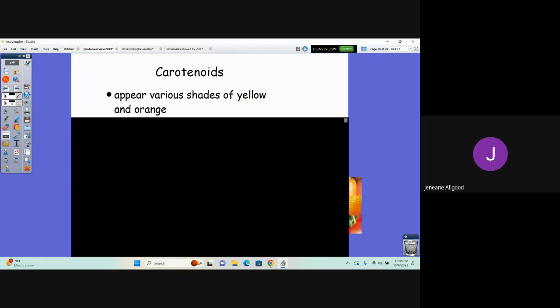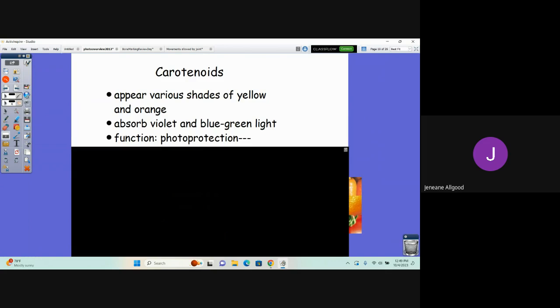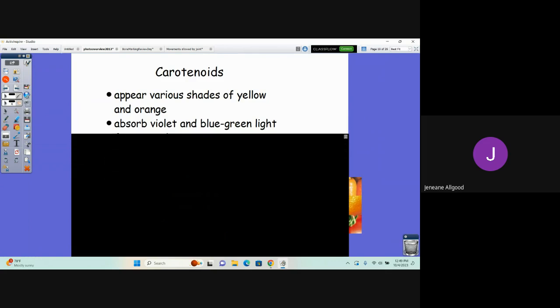So carotenoids, think carrot. They are going to appear yellow and orange. And I know, remember, if something appears that color, it doesn't absorb those colors. It reflects those colors. So we know that this pigment is not going to absorb yellow or orange wavelengths of light very well at all.